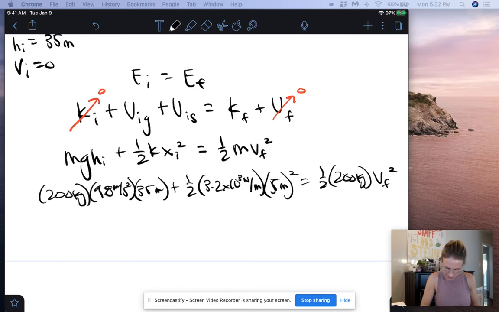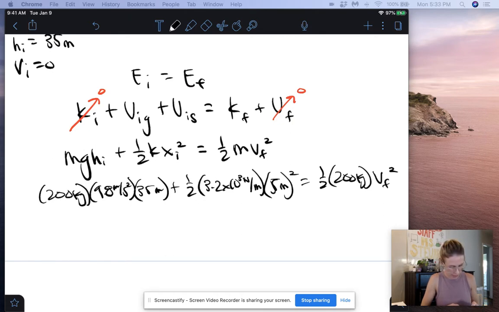So we get quantity 200 times 9.8 times 35, close parentheses, plus, open parentheses, 0.5 times 3.2 times 10 to the third times 25, because 5 times 5.